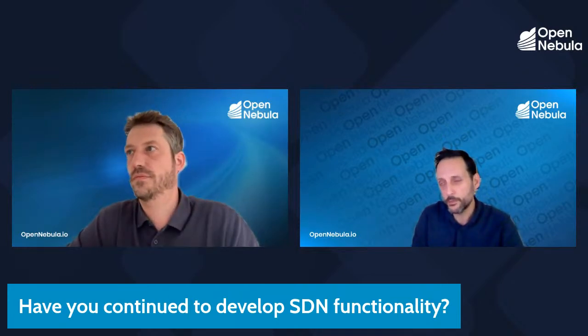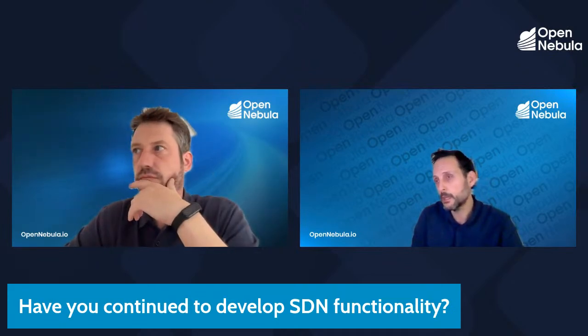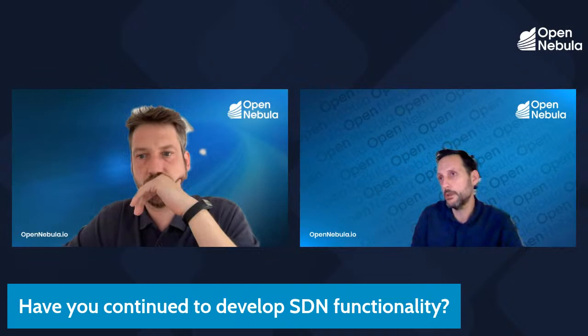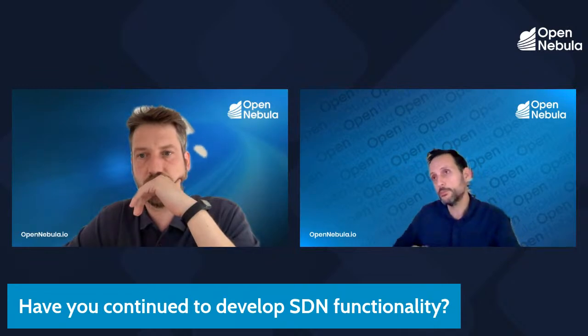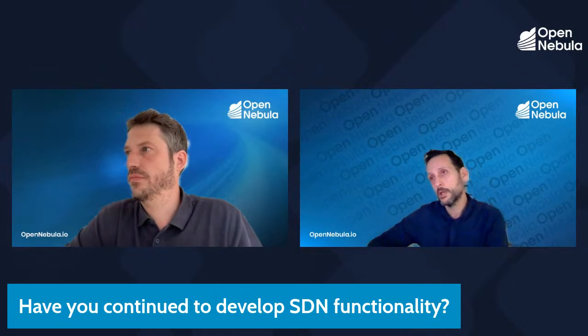So right now you have to do several manual configurations in the Open vSwitch, especially if you are trying to use DPDK. And one of the ambitions we have for Serino is to automate all these steps. So the Open vSwitch drivers should be able to perform these DPDK configurations, some additional configurations to the Open vSwitch. And that's one of the next changes we want the SDN to happen.